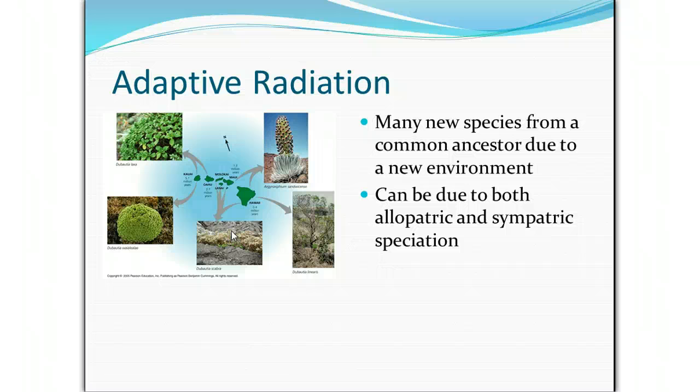And yes, you had a common ancestor, but now there are all these different species on the different islands. But it also can occur in sympatric speciation, maybe due to habitat differentiation, maybe due to sexual selection, maybe due to a bunch of different things that we've discussed. But that's adaptive radiation.